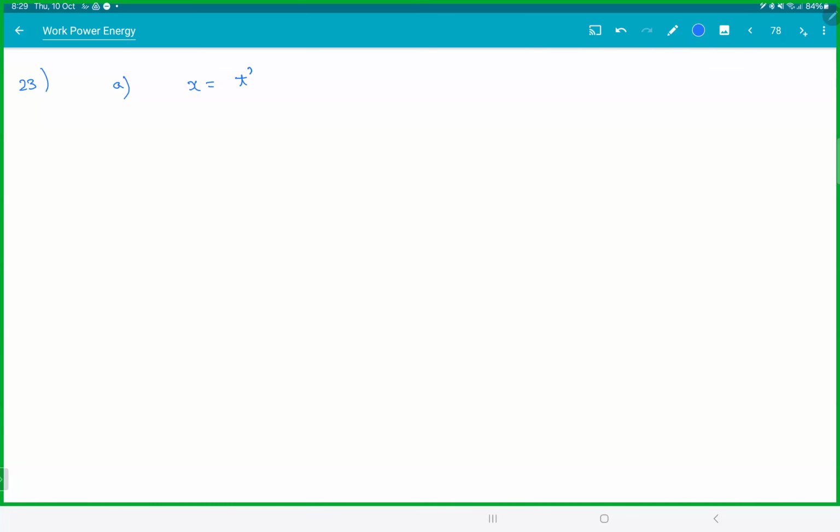If x is equal to t square by 2 plus t power 4 by 4, x is your x coordinate. Mass is 2 kg.